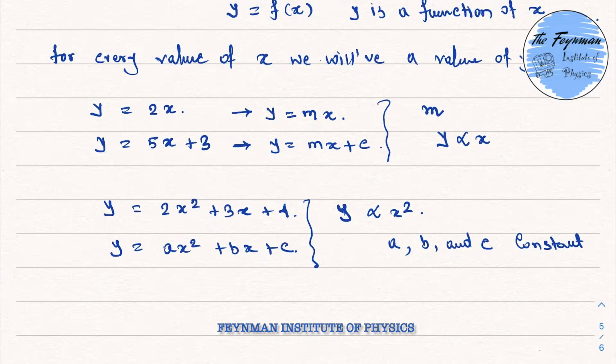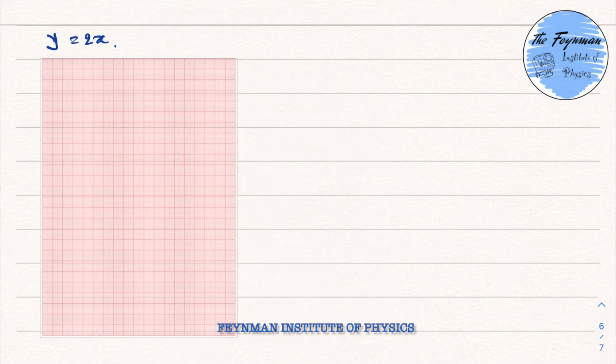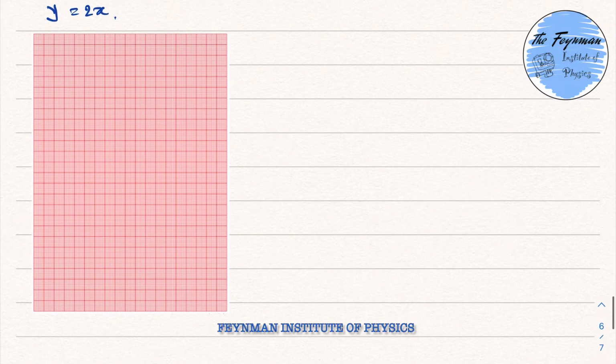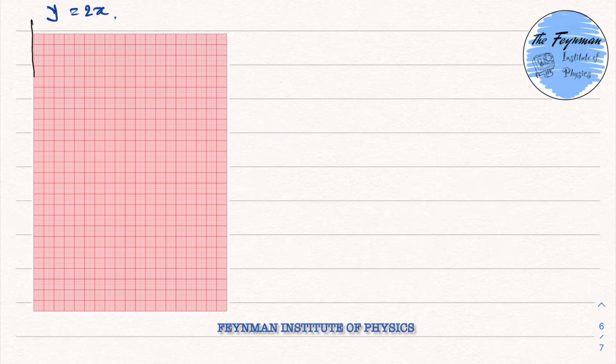Now if we want to plot this kind of equation into a graph paper, we can do so by, suppose we want to plot y is equal to 2x in a graph paper. So we can take a normal millimeter graph for it. Suppose this one is our graph. So we can consider two different axes along the two sides of the graph.